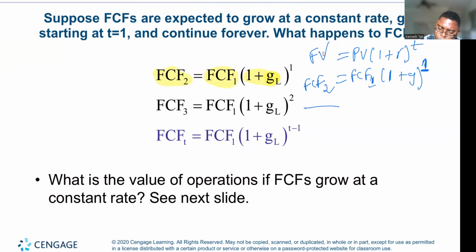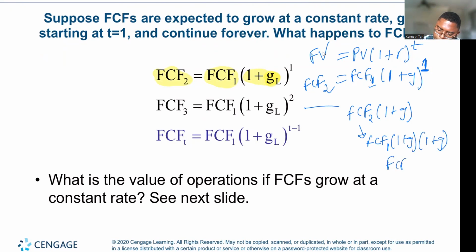Then free cash flow for year 3 is going to be free cash flow for year 2 times 1 plus g, which is the growth rate. But we know that free cash flow for year 2, if we look above, is free cash flow for year 1 times 1 plus g, then times the 1 plus g we had before.